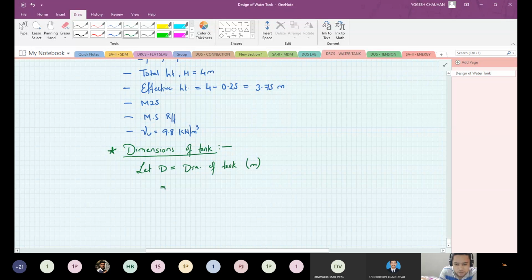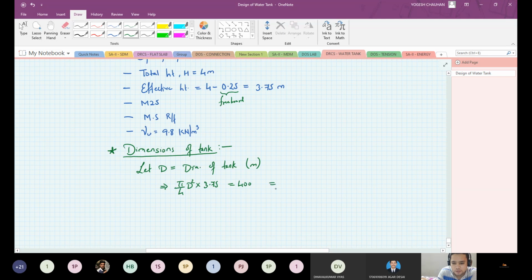So this implies pi by 4 D square into the effective height 3.75, because this much height will be occupied by water, and the 0.25 is the freeboard. So this should be equal to 400.